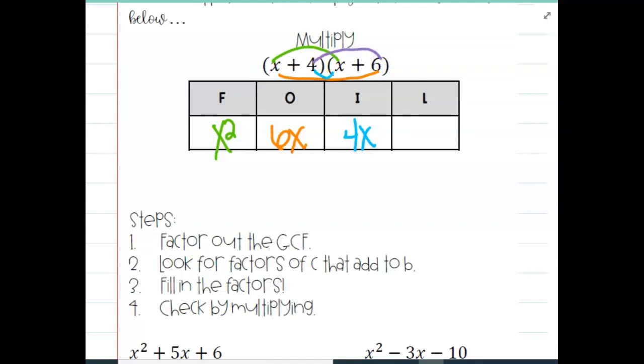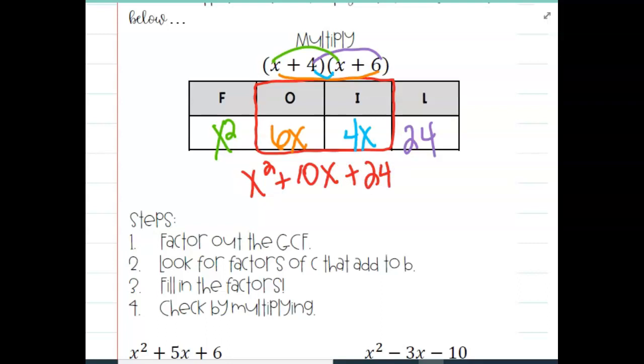You would take 4 times 6 and get 24. For these types of problems, the O and the I are always going to be able to combine together. 6x plus 4x is 10x. So your answer would be x squared plus 10x plus 24.